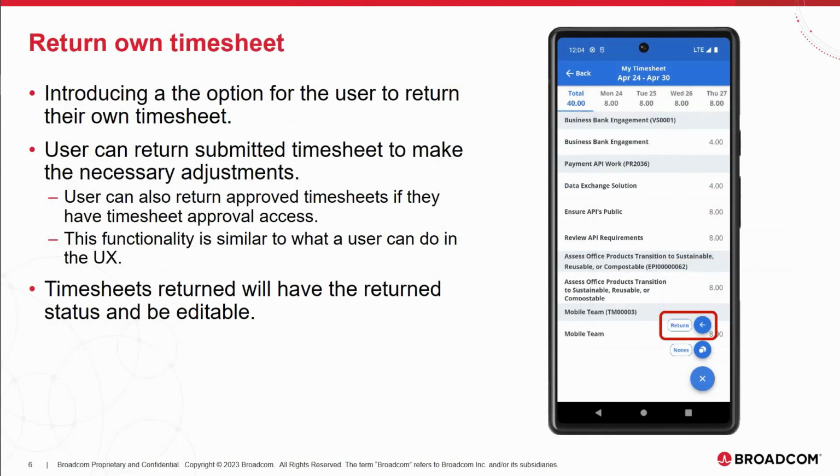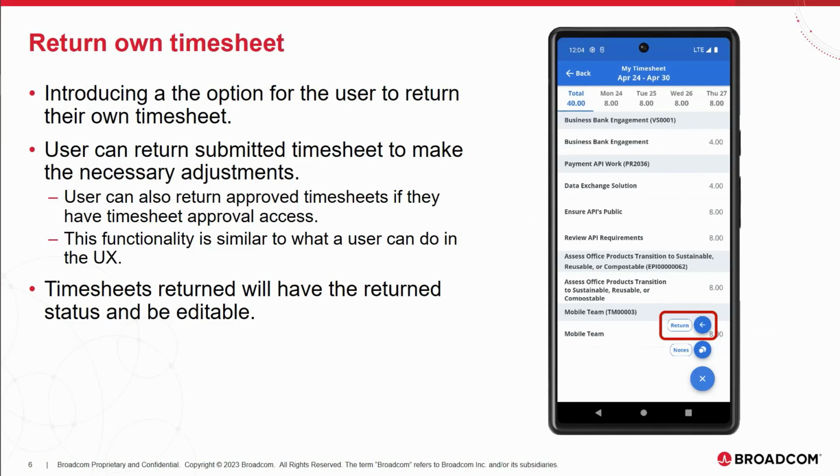In regards to returning your own timesheets, now the user will have access to do so by using the floating menu within the timesheet. So again, this is specific to users that use the My Timesheets within the mobile app. When they go in to a specific timesheet, in the past they were not able to return those timesheets that were submitted.